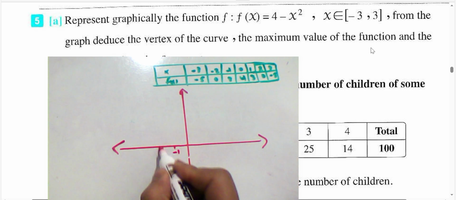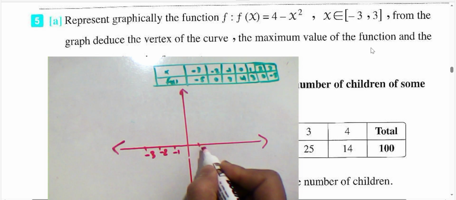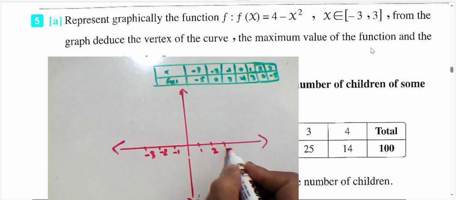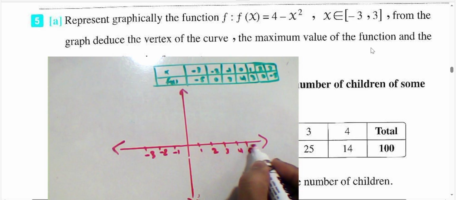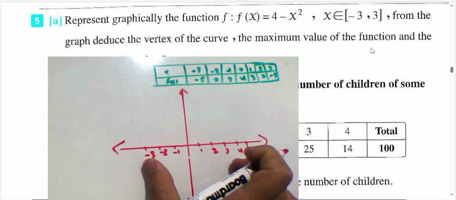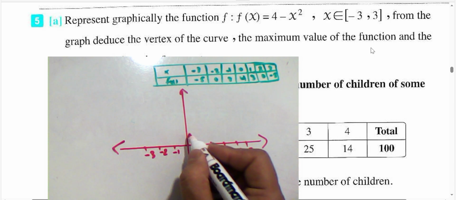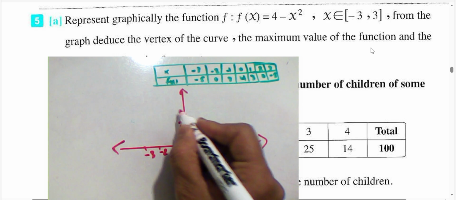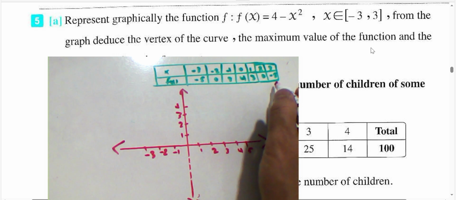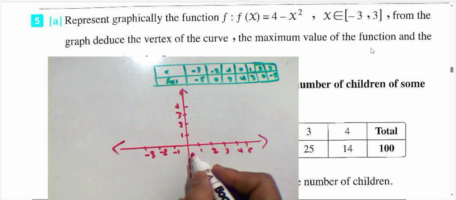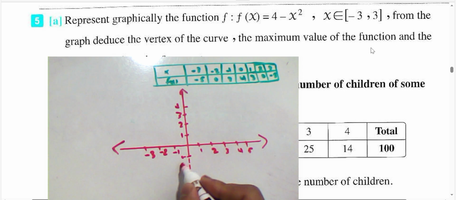We have -1, -2, -3, 1, 2, 3, 4, 5. The interval is from -3 to 3. And the maximum image we have is 4 right here: 1, 2, 3, 4, and the minimum down is -5. We have -1, -2, -3, -4, -5.